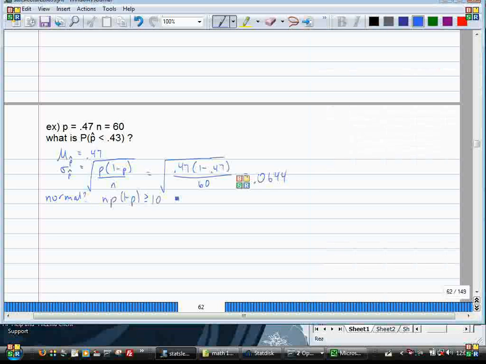I'll put a question mark there because I don't know if it's true. So 60 times 0.47 times 1 minus 0.47, is that greater than or equal to 10? You work it out, you get about 14.9. That's greater than or equal to 10. It's normal. We're good. Now that we know that it's normal, what can we do? Draw the picture.